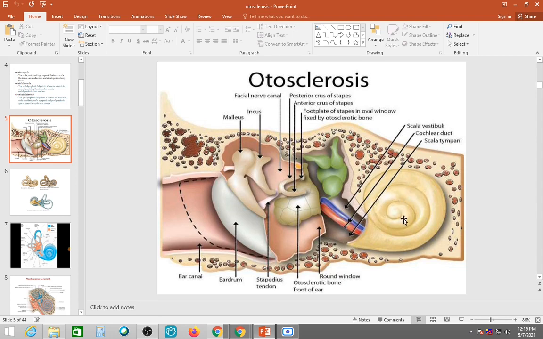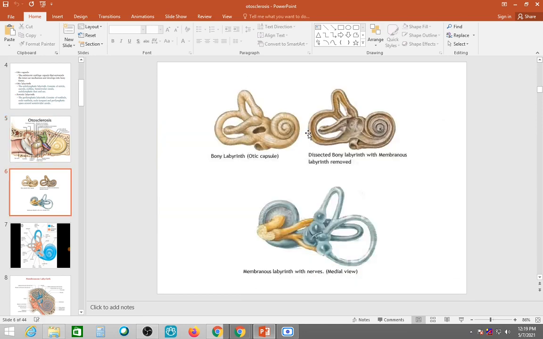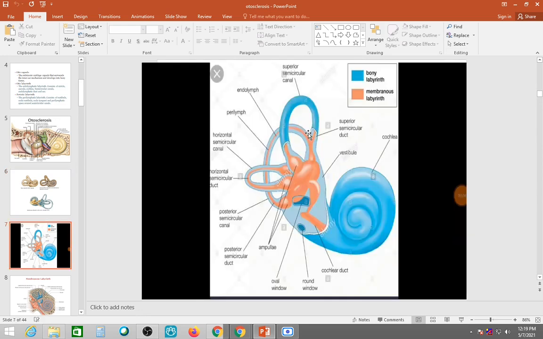These are the periotic spaces. This is the stapes. Many pictures are there because there is a lot of confusion, that's why I'm trying to show them in pictures so that you will understand more. But don't get confused; if you are confused, please tell me. Now you understand up to here?